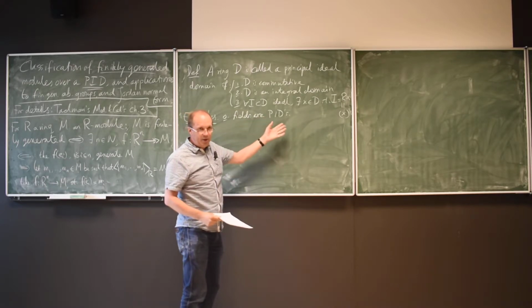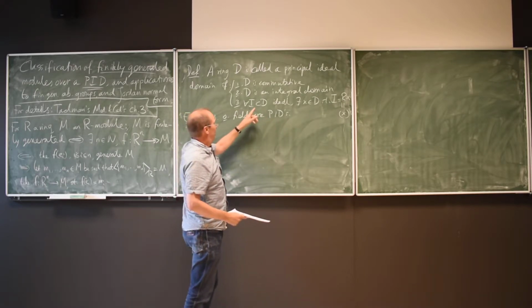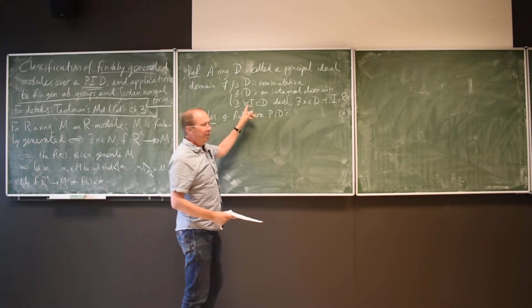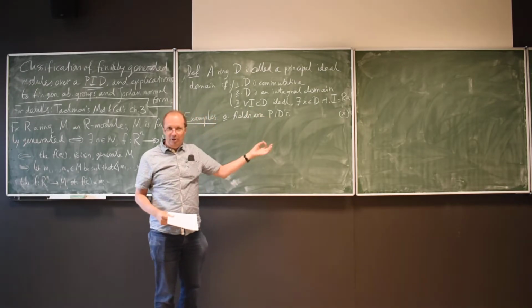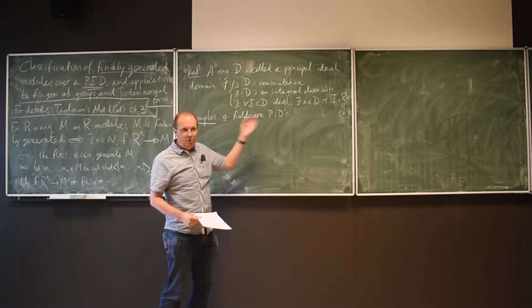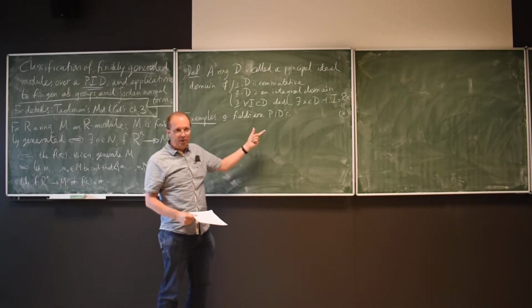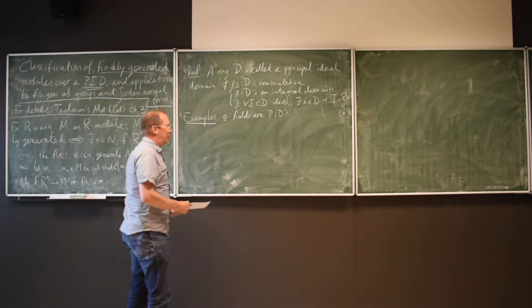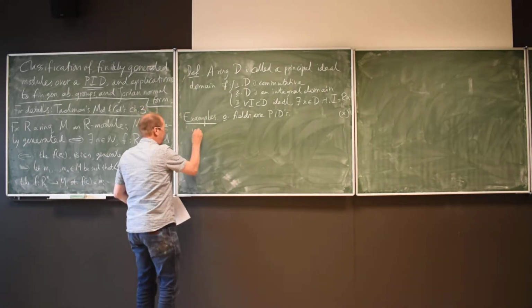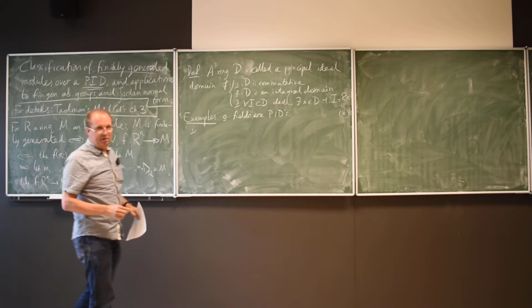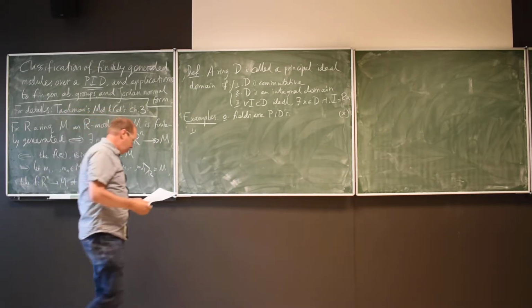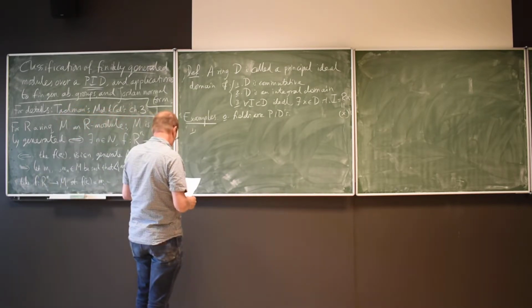Every non-zero element even has an inverse. And a field has only very few ideals, right? You have the zero ideal and the whole field itself. Those are the two ideals, and they are generated by 0 and 1 respectively. So fields are PIDs, but that is of course not the reason why this notion was invented. It was invented for some more interesting examples.